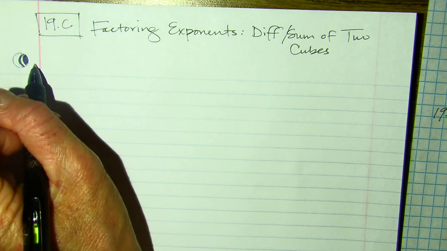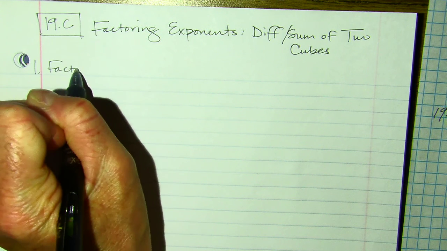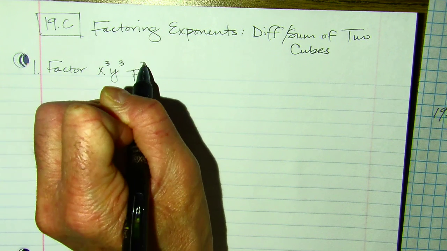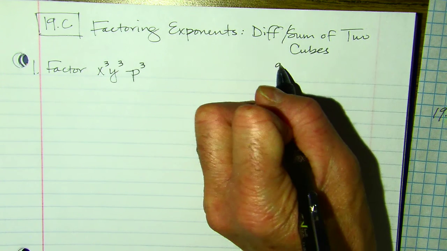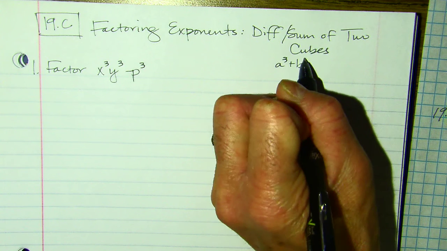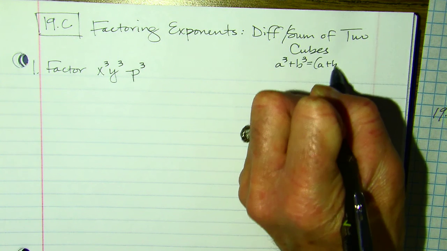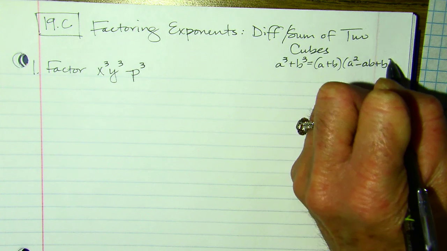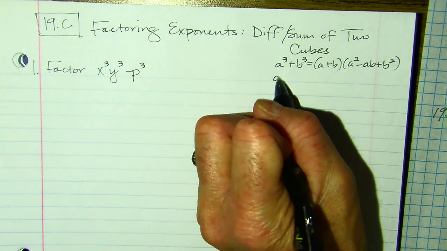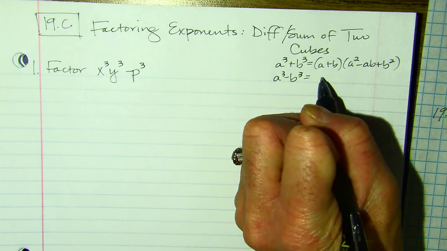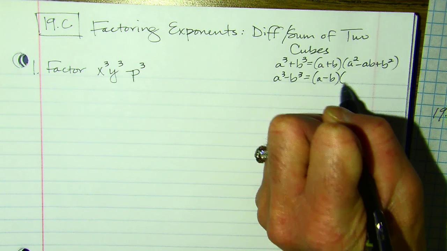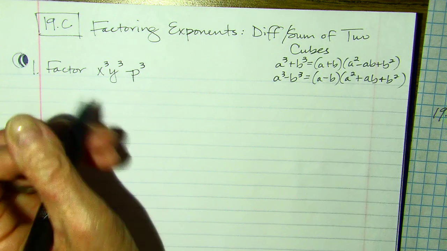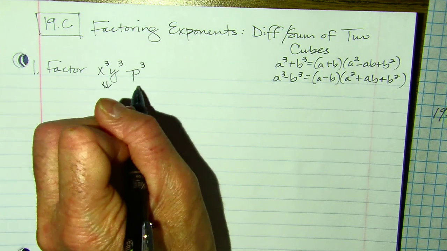So we're going to factor x cubed y cubed minus p cubed. Remember you have a cubed plus b cubed, which equals a plus b, a squared minus ab plus b squared. And your difference of two cubes looks identical, but the signs change. A minus b, a squared plus a times b plus b squared. So I'm going to identify the terms cubed.